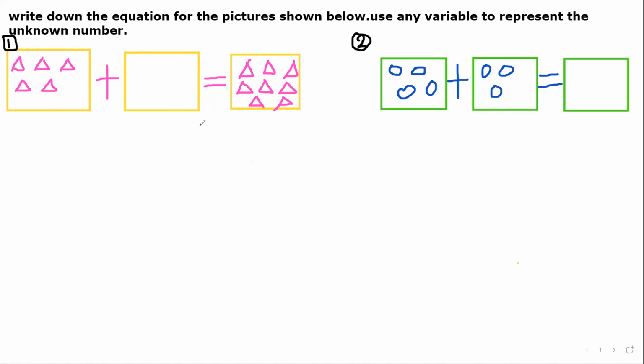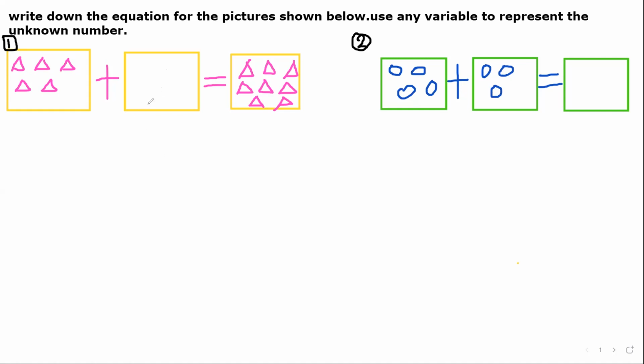You guess the answer and then you write. Now we are going to use an equation to solve the same problem. This time, for the unknown place where there's nothing, you use any variable to represent it, then you write the equation, group terms and solve.